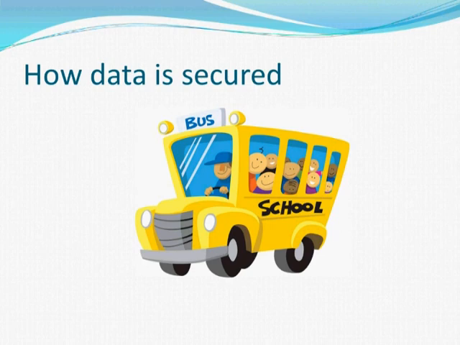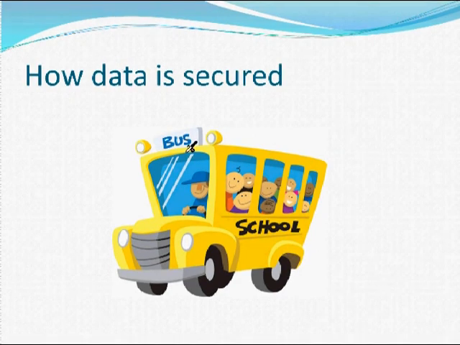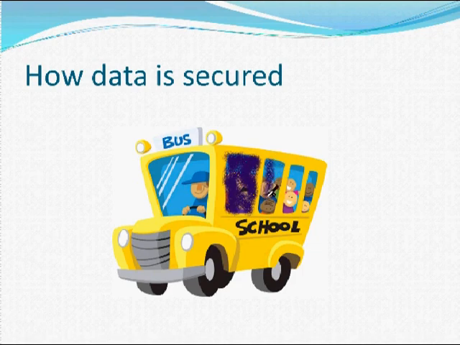So what could we do to keep people from seeing what information we're moving across here? One way to protect our data would be to spray paint the windows of the bus. Now, if we cover up all the windows, nobody can see our data inside there, so our data is protected.